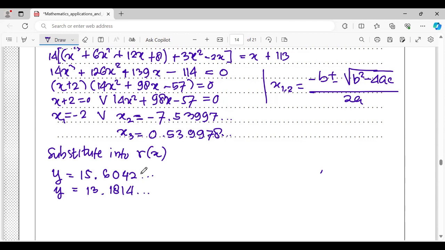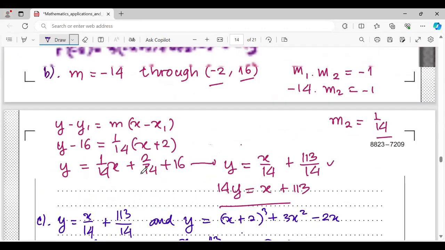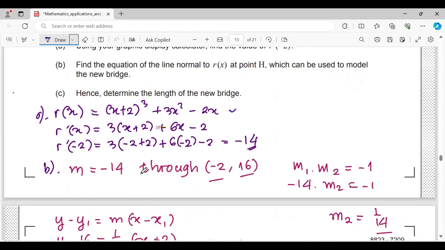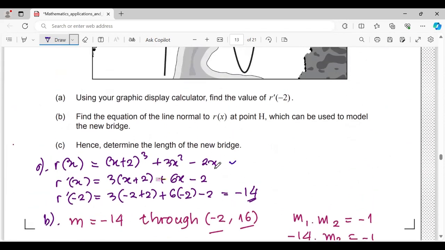So you can find y if you substitute into these equations, Rx equals x plus 2 cubed plus 3x squared minus 2x.